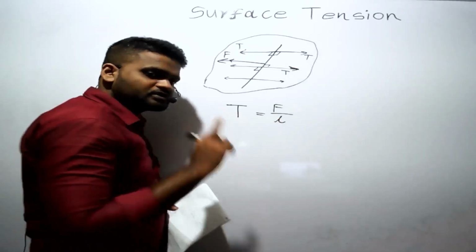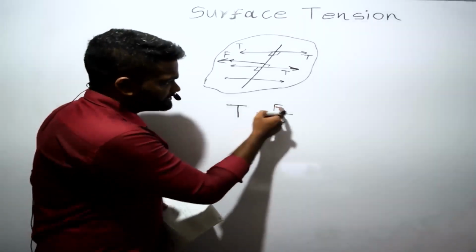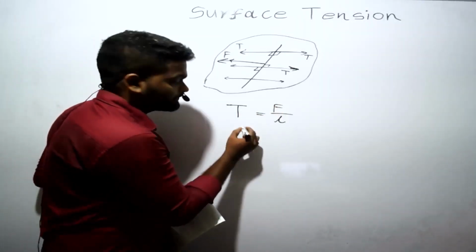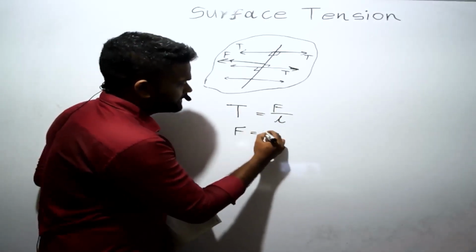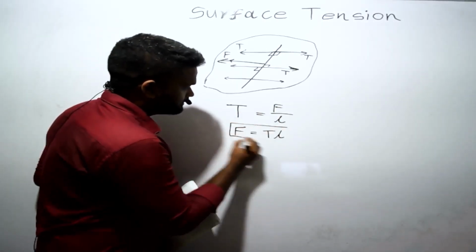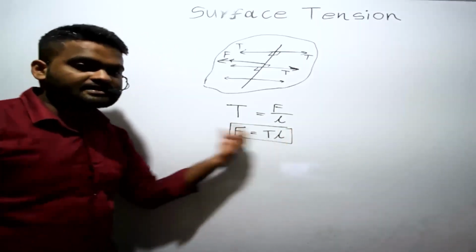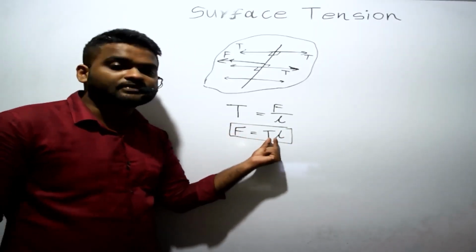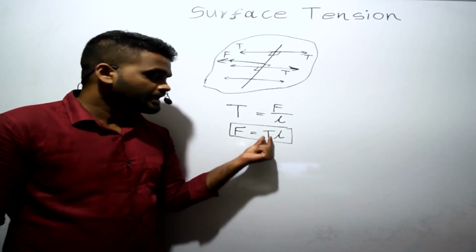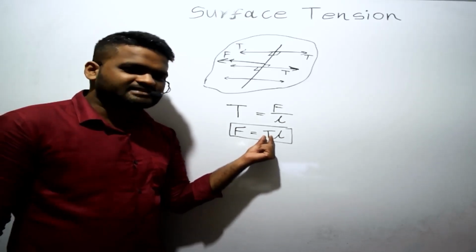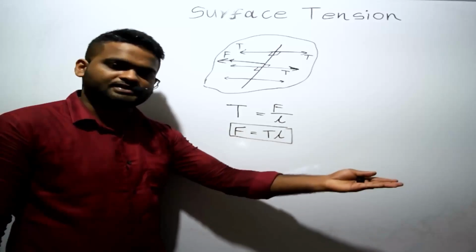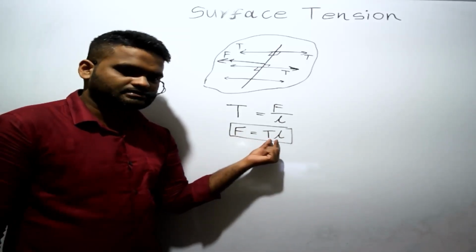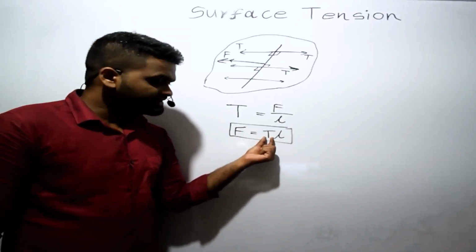So in most cases, you need this total force. So you can have an equation, cross multiply, F equals TL. To one side, this force is equal to the surface tension, which is actually a coefficient. We are not going to say surface tension coefficient, we just say surface tension.